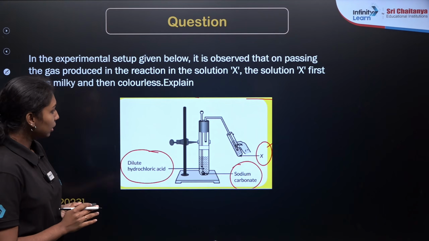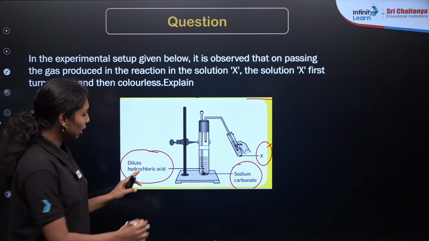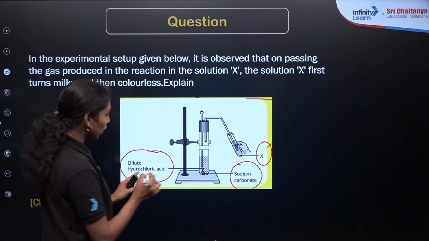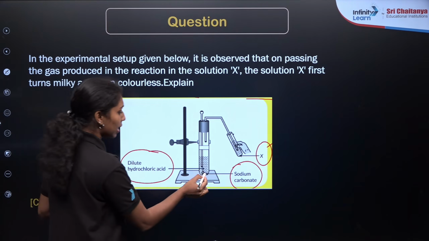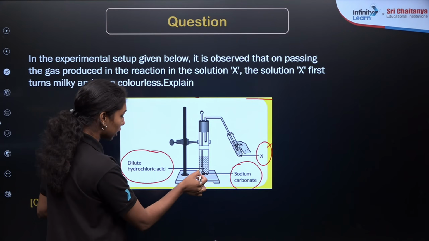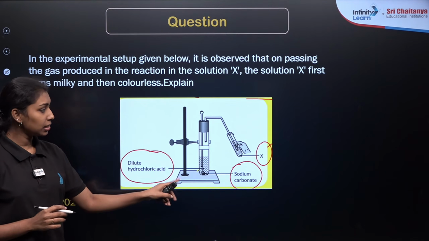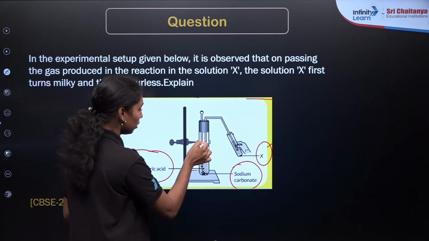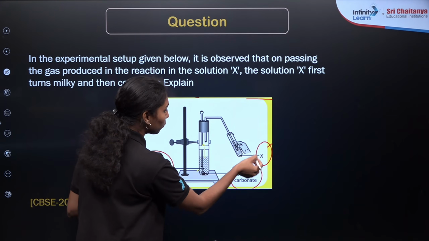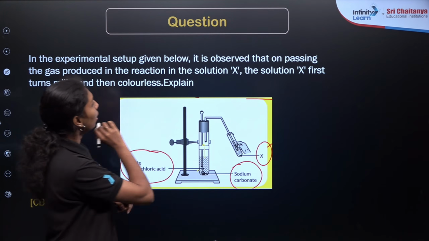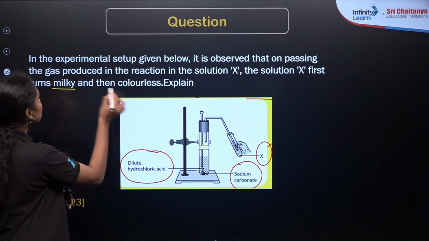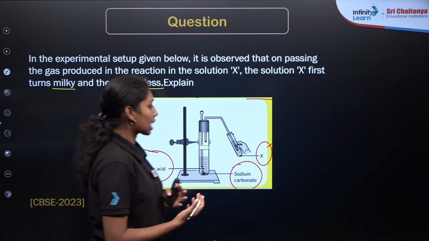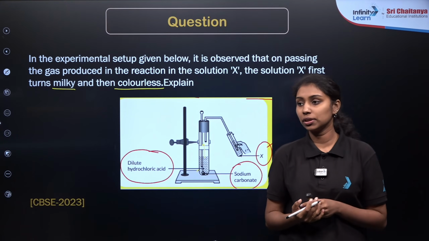Here we are adding dilute hydrochloric acid, and sodium carbonate is treated with the dilute hydrochloric acid. A particular gas is formed here. Then the solution turns milky first, then becomes colorless. So what is the explanation for this experimental setup?